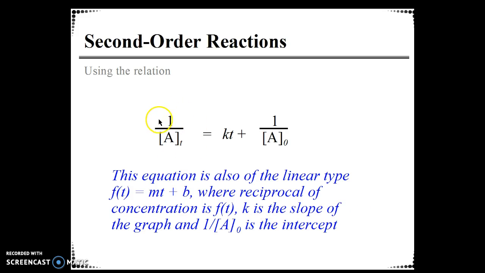Now the reciprocal of the concentration at time t is the function of t. k is the slope of the graph, and the reciprocal of the initial concentration of A is the y-intercept.